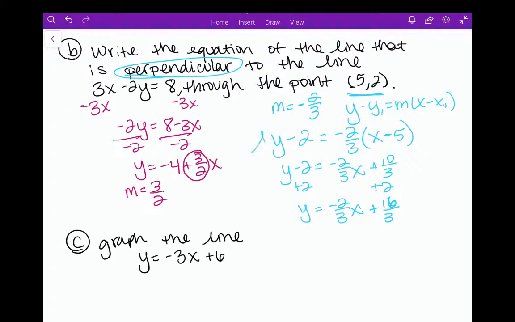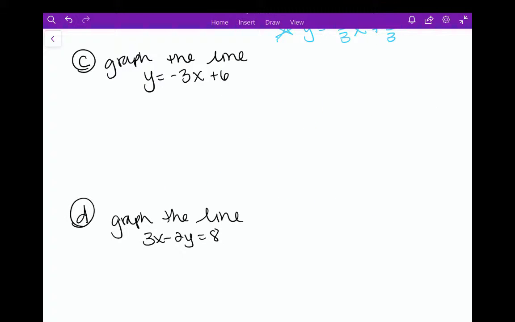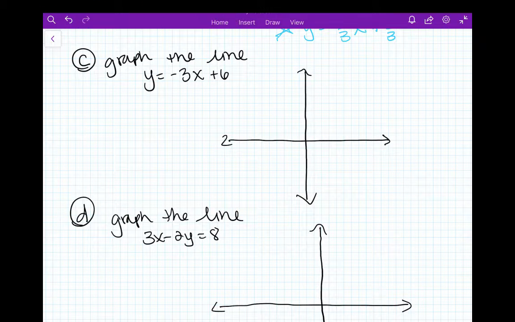So again, both of these look different, but they represent the same line. So if I don't specify what form I want the answer in, then you can just leave it in point slope form. That's fine. All right, so for C and D, we're going to graph the line, just a review of how to graph lines. So it says graph the line y equals negative 3x plus 6. So my m is negative 3, and my y-intercept, which is b, is positive 6.